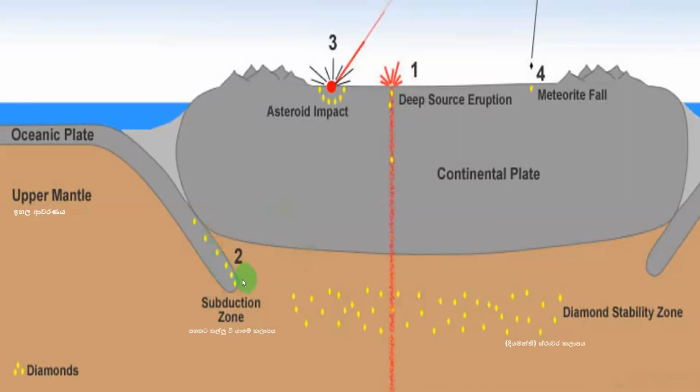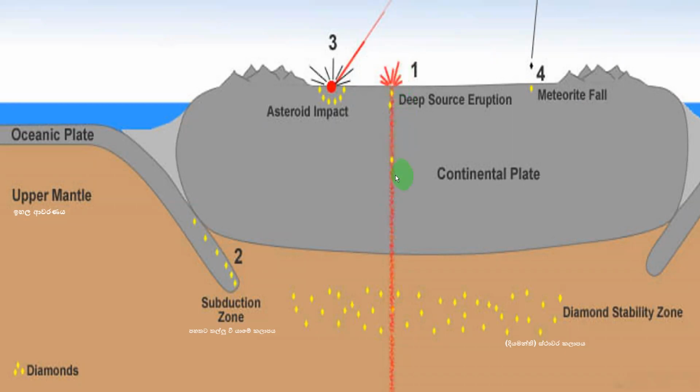This is the zone. Upper mantle, and the diamonds are here also. All the diamonds created in the upper mantle come to the upper level through a deep source eruption.